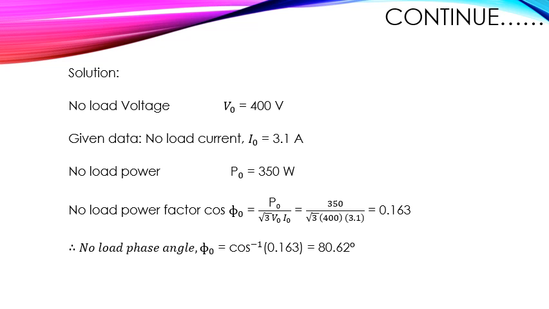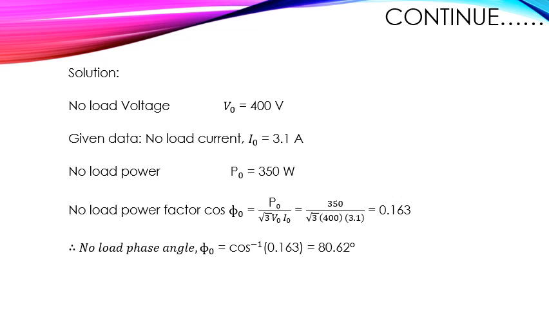So let us see the given data first. As per the no load test, no load voltage is 400 volts, no load current is 3.1 ampere, and no load power is 350 watts. Using that we can find out the no load power factor, that is equal to P0 by root 3 V0 I0.